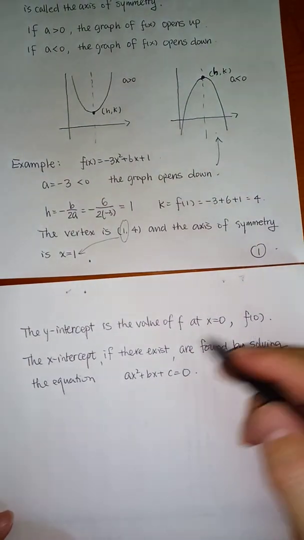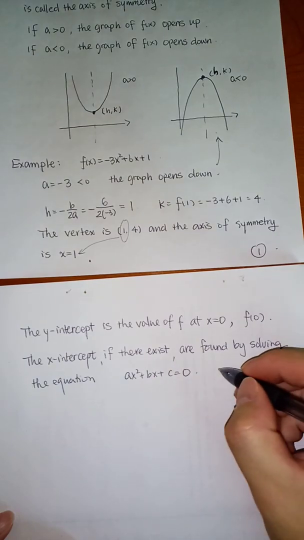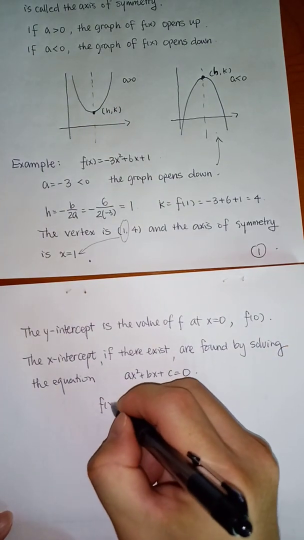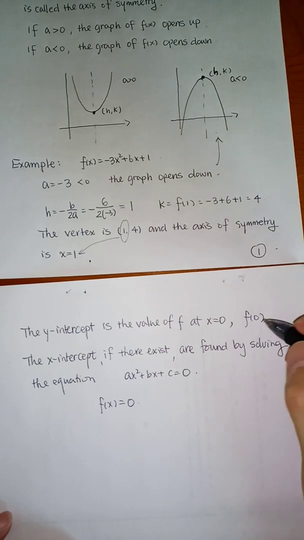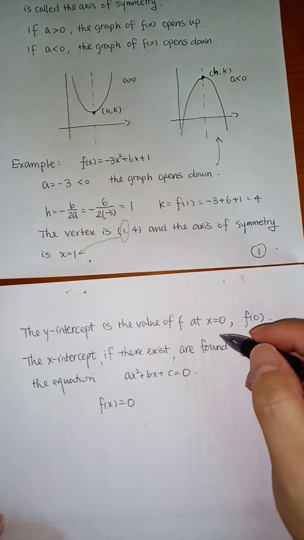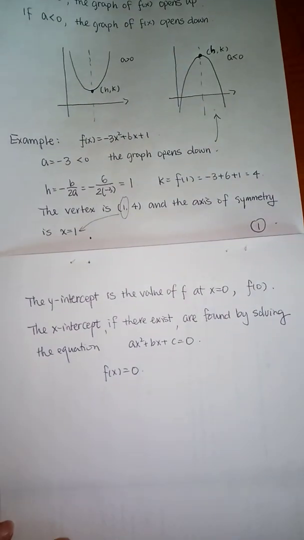So technically, the x-intercepts are the solutions of f(x) equal to 0. X-intercept, y is 0. Y-intercept, x is 0. Okay? So they are the intercepts.